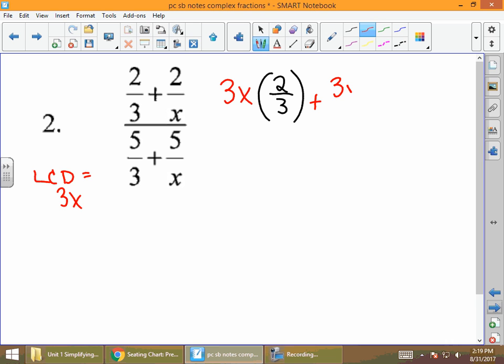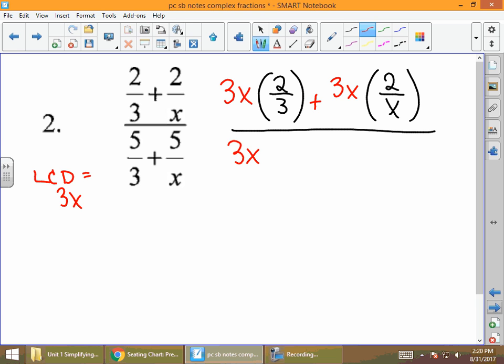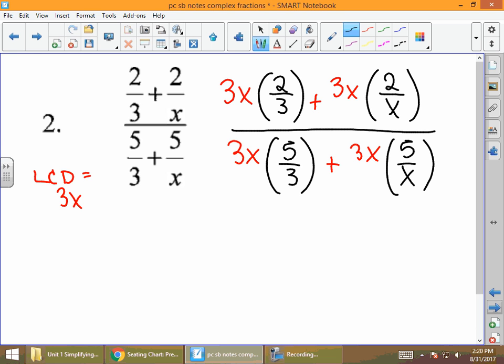We're going to take the 3x and multiply it by 2 divided by x. We're going to take the 3x and multiply it by 5/3. And we're going to take the 3x and multiply it by 5 divided by x.